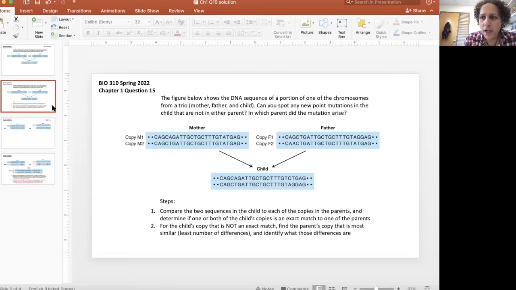And then once we find one that is not an exact match, we find the parent's copy that it came from that has the least number of changes. So we're applying the principle of parsimony that we learned about. I don't know if we do it in 103, but we definitely do it in 105.